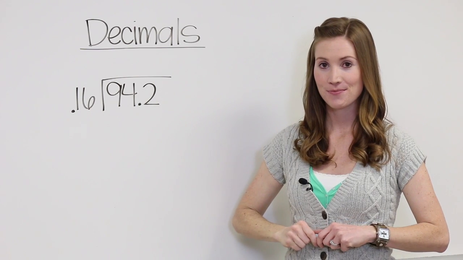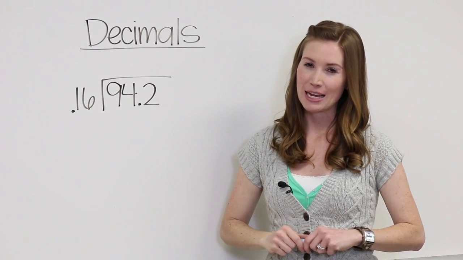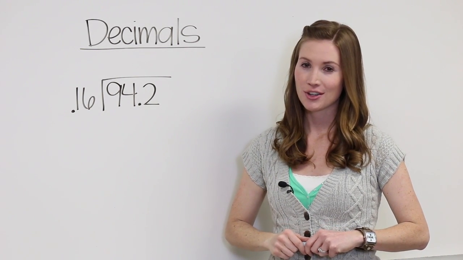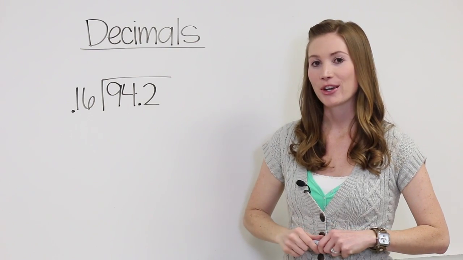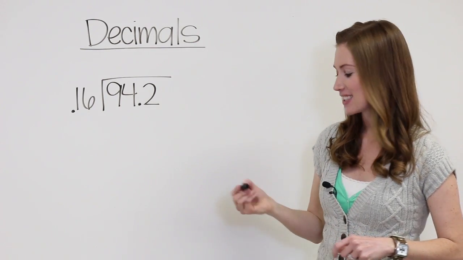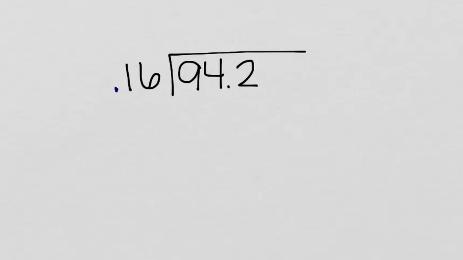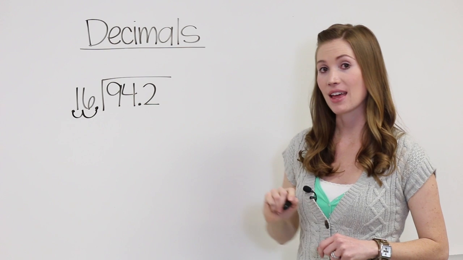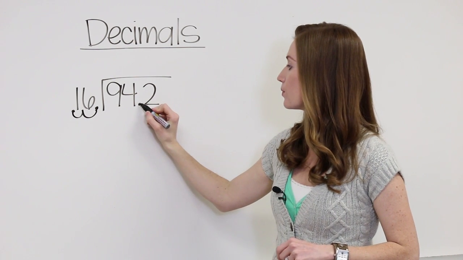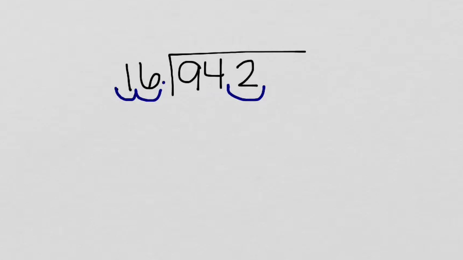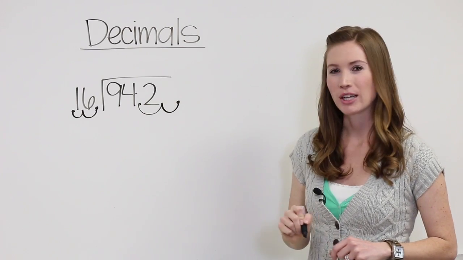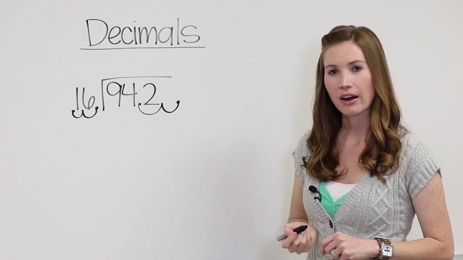Great job. Now what's the first thing we need to do? If you said move the decimal point in our divisor, that's correct. We're going to move it twice. 1, 2. And we're going to do the same thing to our dividend. 1, 2. I moved the decimal point twice, but there's no number here.